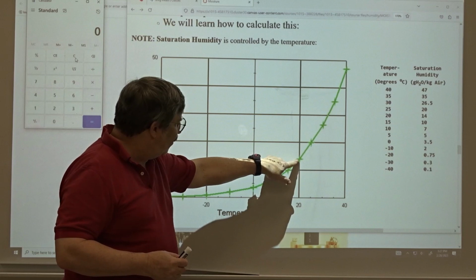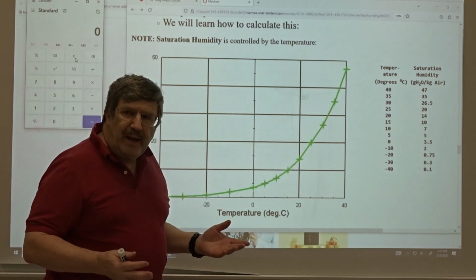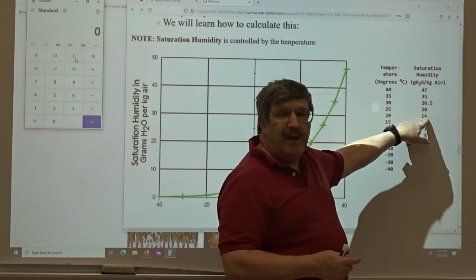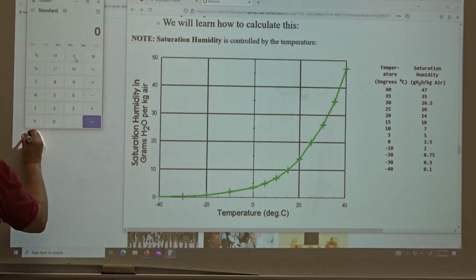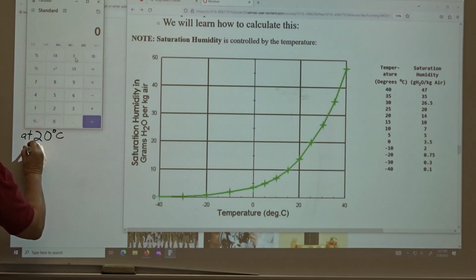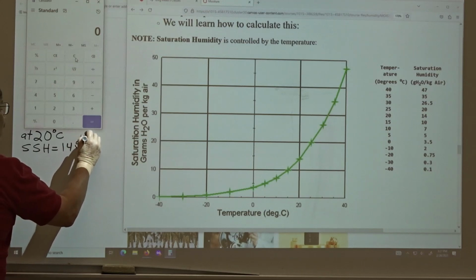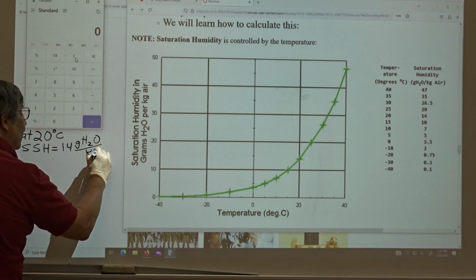It's probably about 14 grams of water per kilogram of air, maybe 13.5. We can go over here and cheat, go up to 20, go over to 14. So in fact, at 20 degrees the saturation specific humidity is 14 grams of water per kilogram of air.